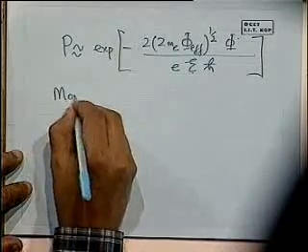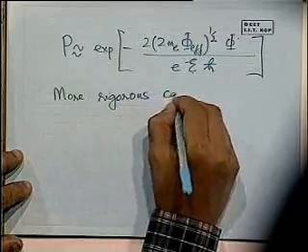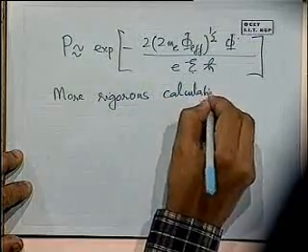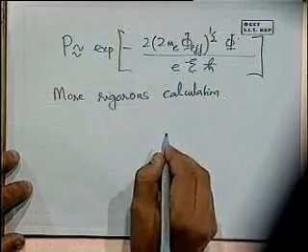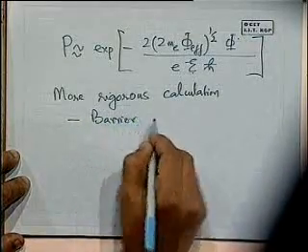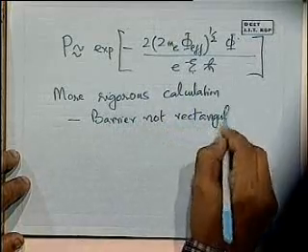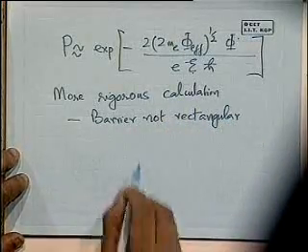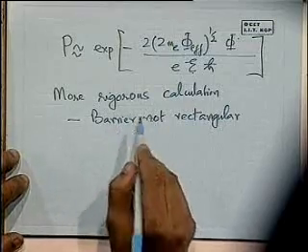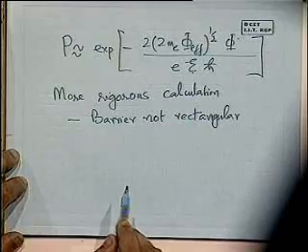Now, to make a more rigorous calculation, we should include a few other things, which we are not going to do. We made some simplification. First of all, our barrier is not rectangular, strictly speaking, though we approximated it by a rectangular barrier. So any more accurate calculation should account for the shape of the barrier and not simply use the simplification of a rectangular barrier.